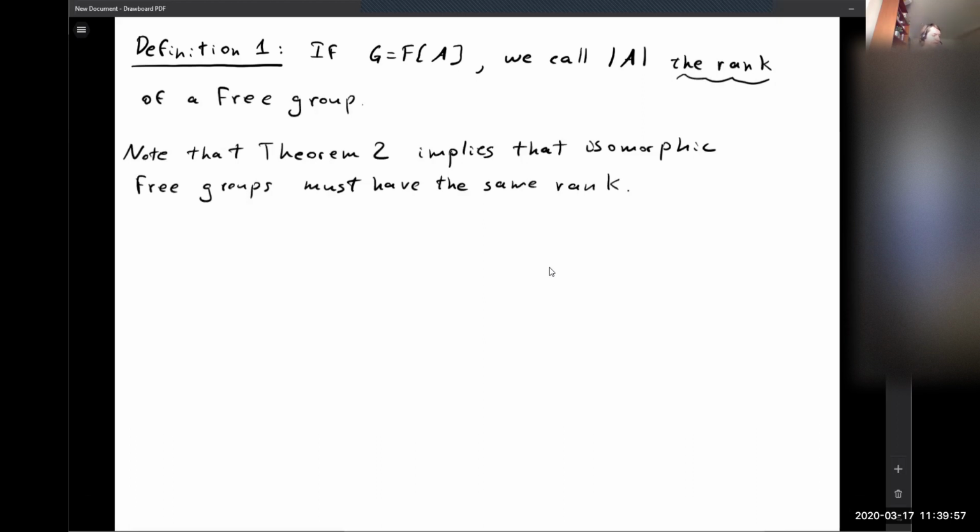Okay, so in fact, this rank kind of classifies completely all possible free groups. So two free groups are isomorphic if and only if they have the same rank, and they are not isomorphic if they have different rank. So any questions so far?